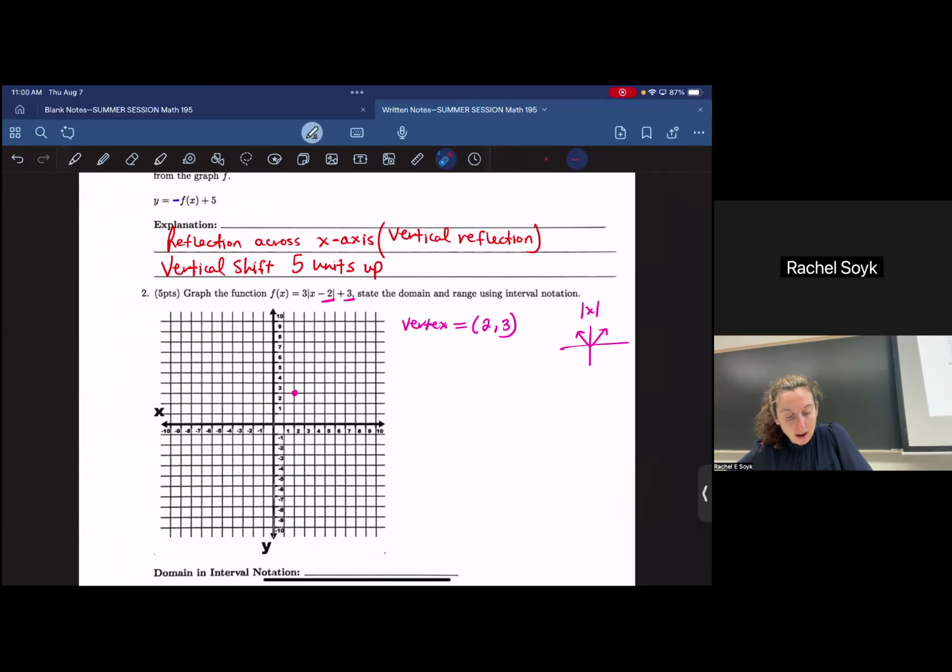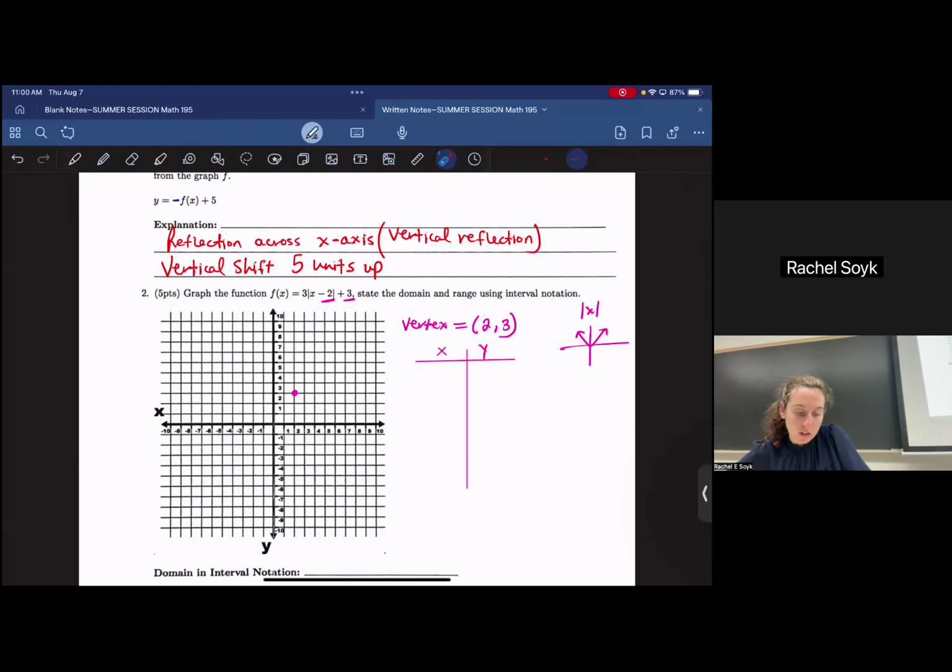And then we also have this vertical stretch of 3. So in a situation like this, the best way to probably go about it is to create your table to really represent that stretch.